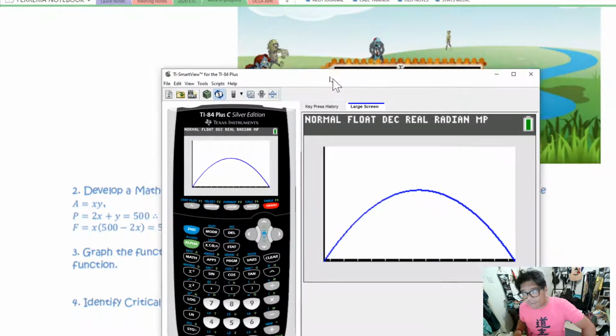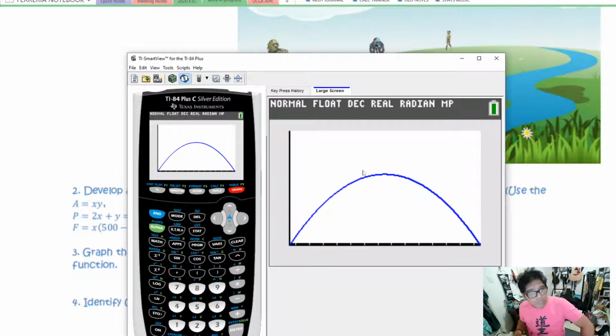So here's our graph of the function. We know where the maximum is. The maximum area is going to be somewhere over here, right around 125, I think. Over here is our 0 to 250. And yeah, this makes sense. The maximum area should be right over here because this is our area graph.